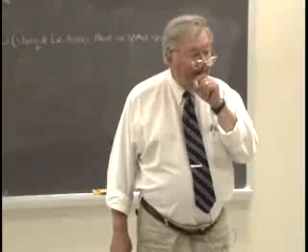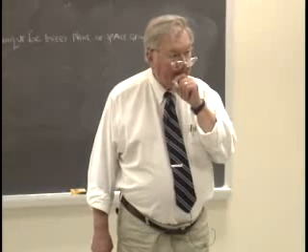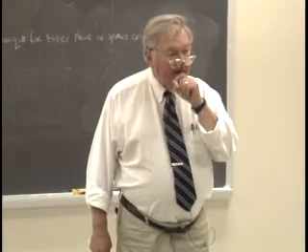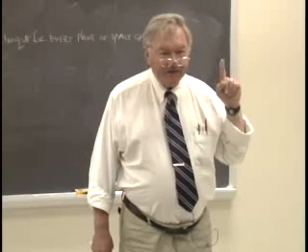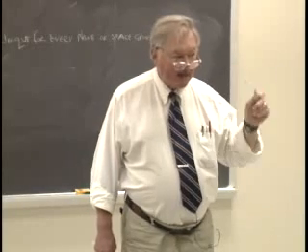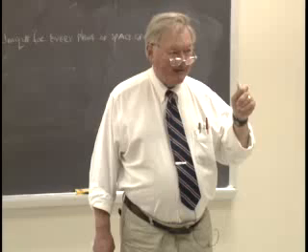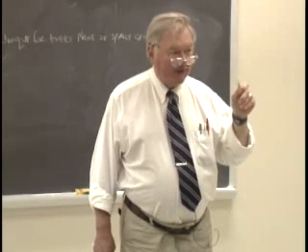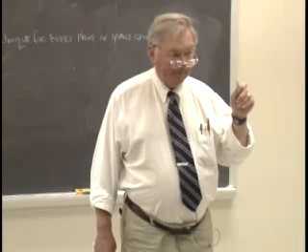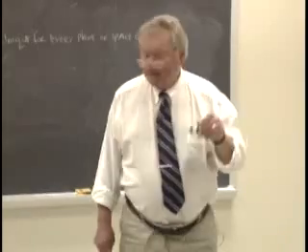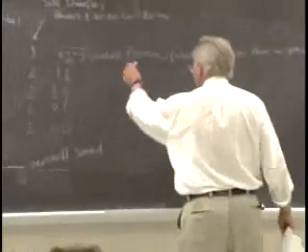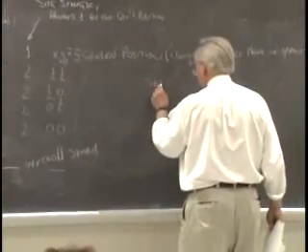Yes, sir? I didn't quite get what the exact definition of the general position was. Is it a set of points related by one symmetry? The general position, it's a set of equivalent positions that are related by symmetry. Yeah, and each of these is called a set of equivalent positions.